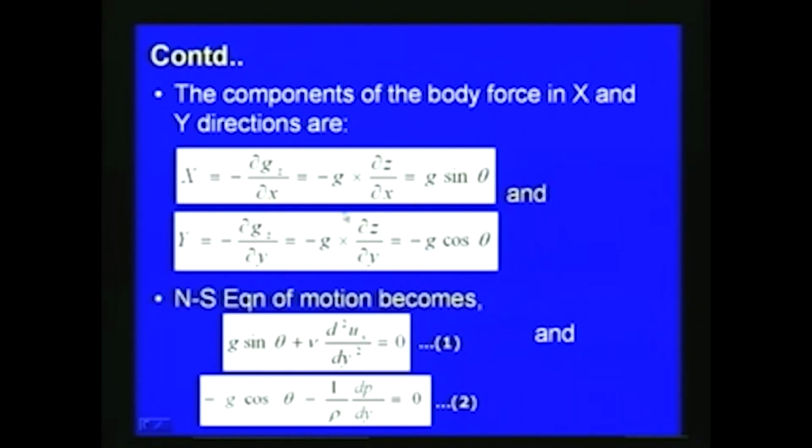So, now we use all these assumptions and finally we can get the Navier-Stokes equation in the following form. The Navier-Stokes equation becomes g sin theta plus nu d square ux by dy square equal to 0, where nu is the kinematic viscosity, equation number 1, and the second equation is minus g cos theta minus 1 by rho dp by dy is equal to 0, equation number 2.